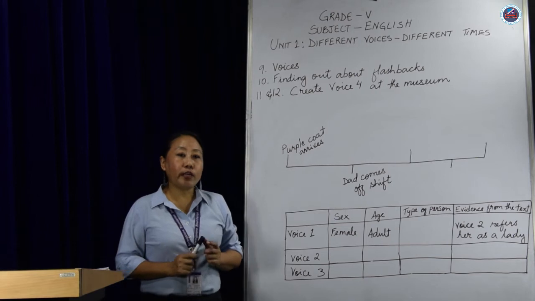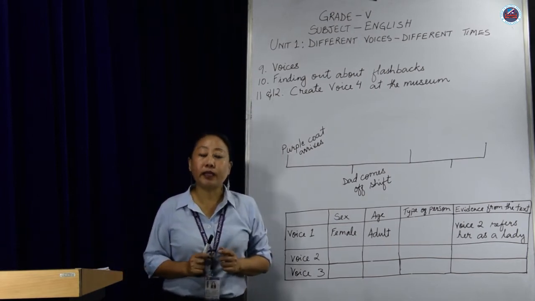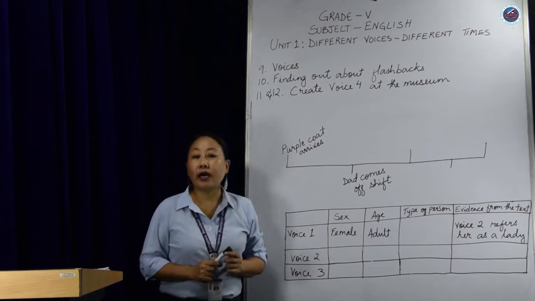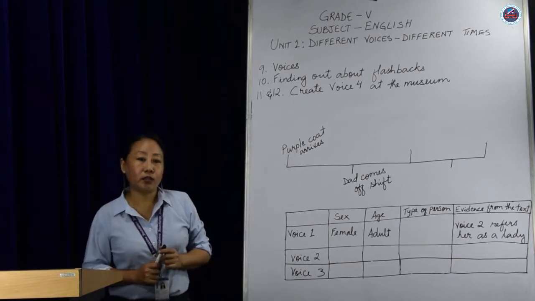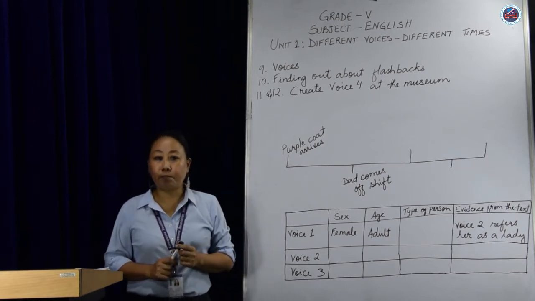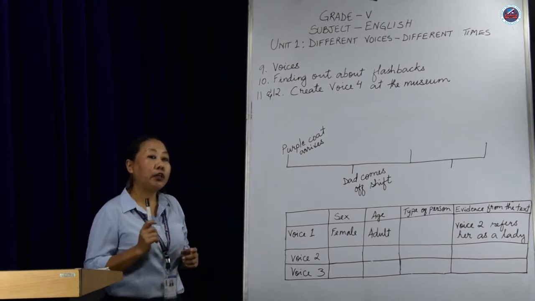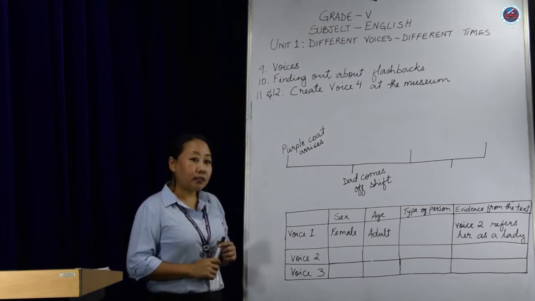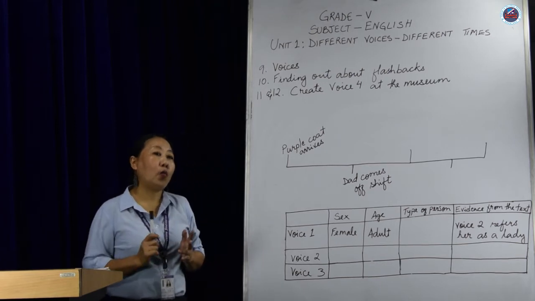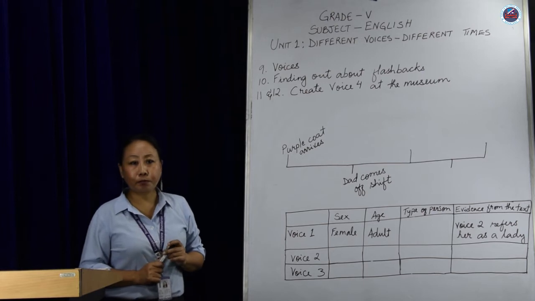The different voices tell the events that happen in parallel rather than in sequence. So, if you are to make a timeline, read the voices, find out what happens first, then construct the timeline.